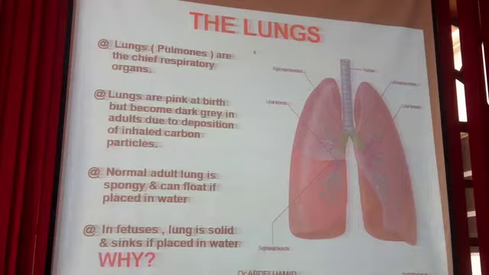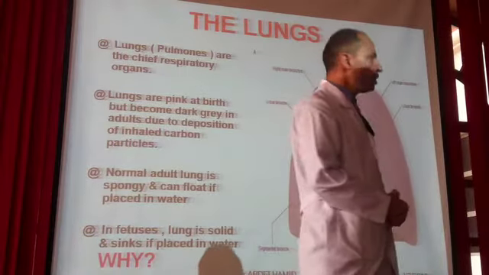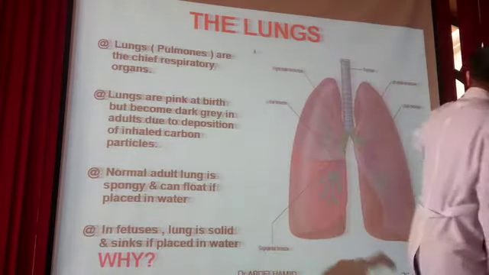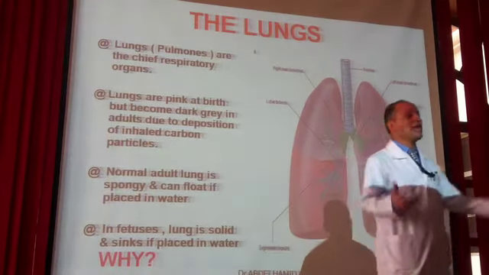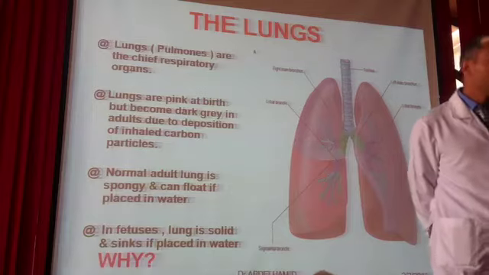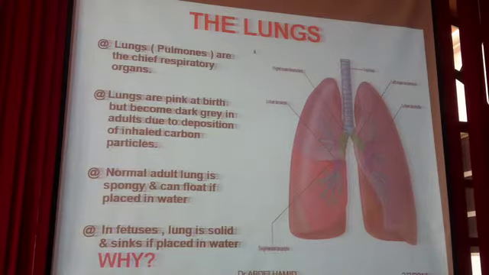What else, more than the heart and the big vessels in between the two lungs? The trachea and the two bronchi. What else? Lymph nodes. Excellent. Lymphatics and the lymph nodes. What else?